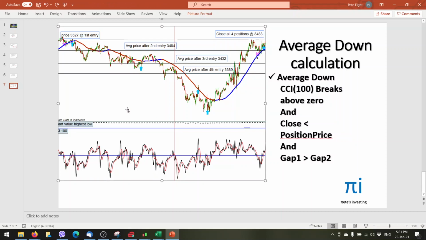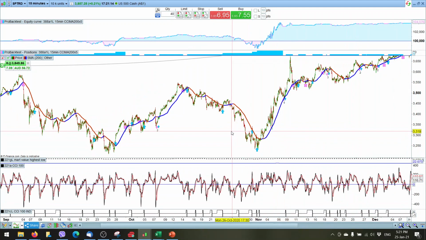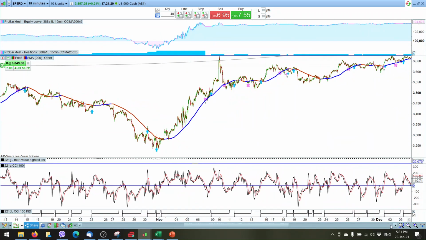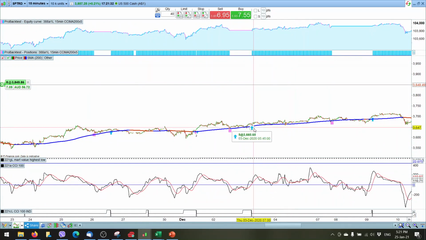So, in summary, in an example where we enter the trade, looking back here, for example, we entered low, closed high, it's closed above, the CCI broke below, so we closed, and it's a nice little profit there.